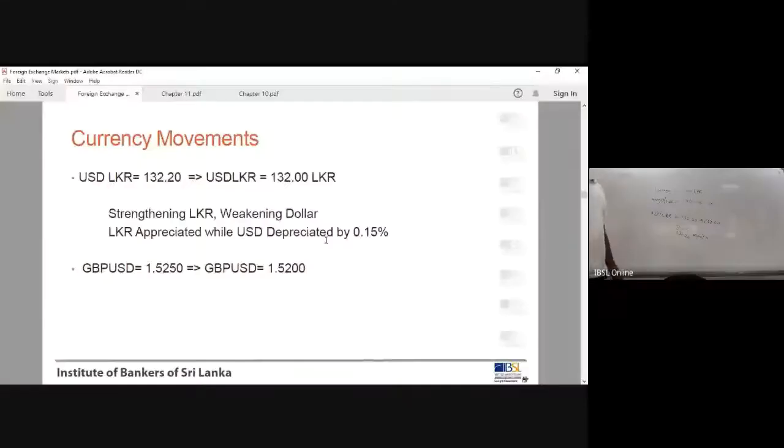Next example, sterling dollar 152.50 goes to 152. So what is the base currency?